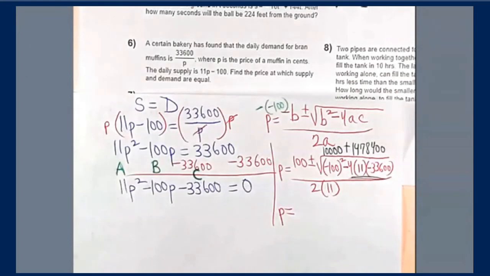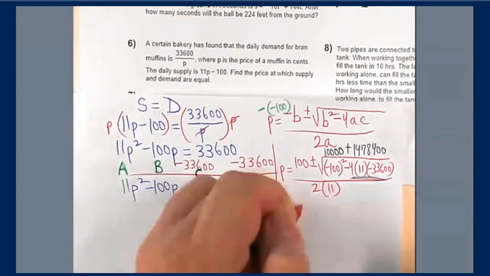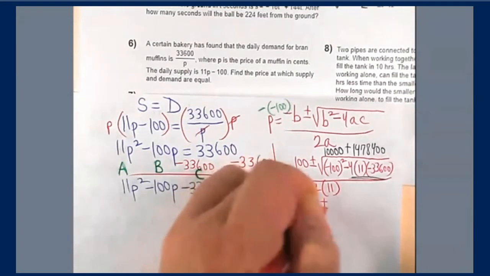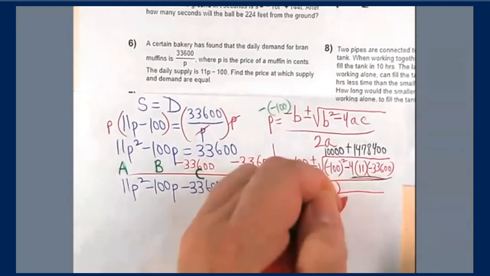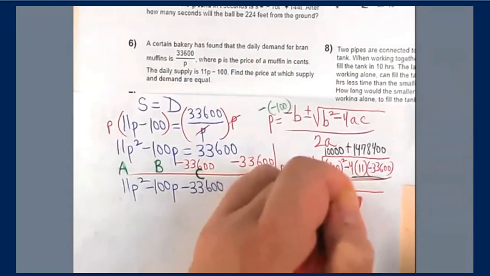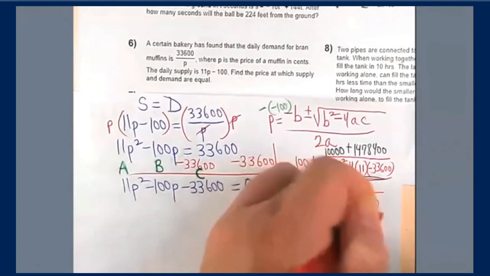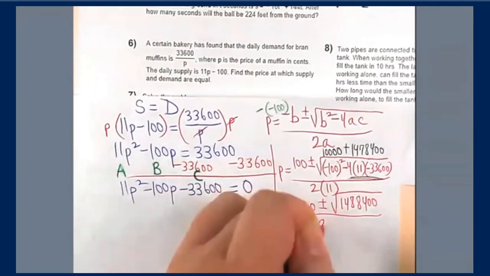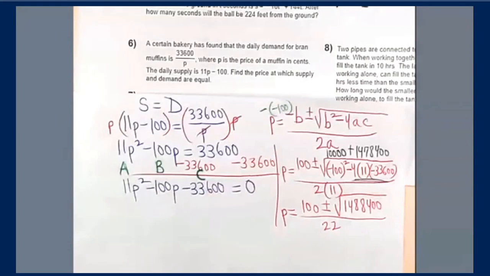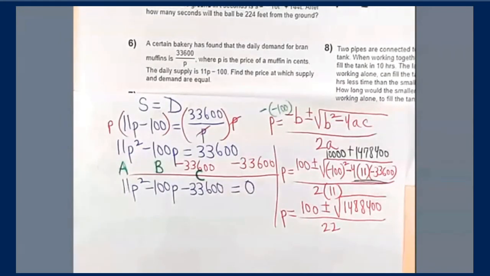And when we add that number to 10,000, that gives us, under the radical sign, 1,488,400 all over 22. Before we continue, any questions about the setup or plugging everything into the formula?